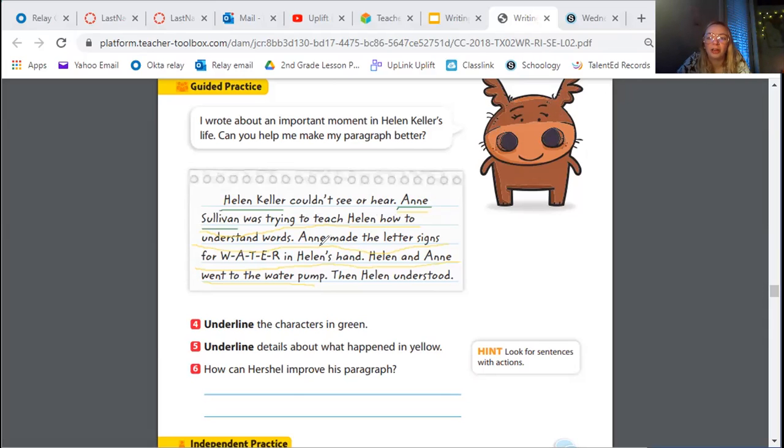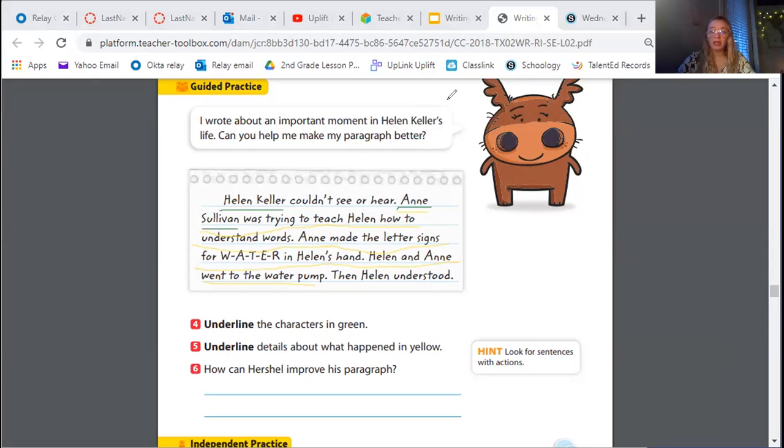What did he mess up on? Right. He said that Anne made the letter signs in Helen's hand and then they went to the water pump, but really they went to the water pump first and then Anne made the signs in Helen's hand.